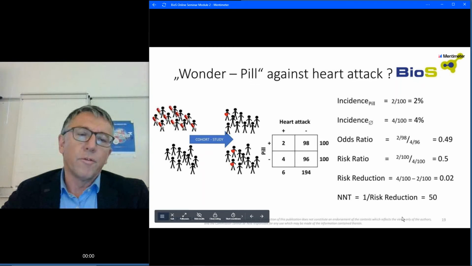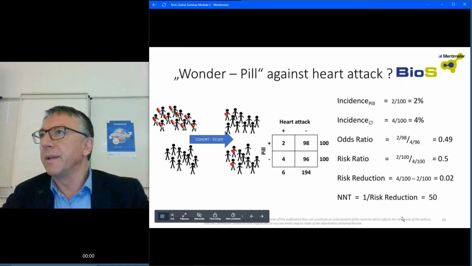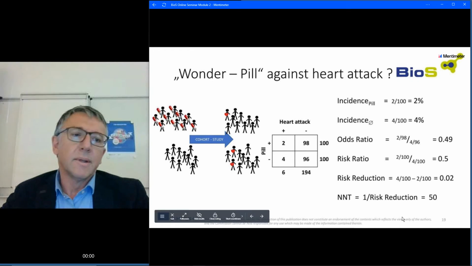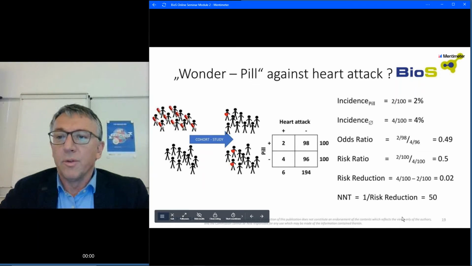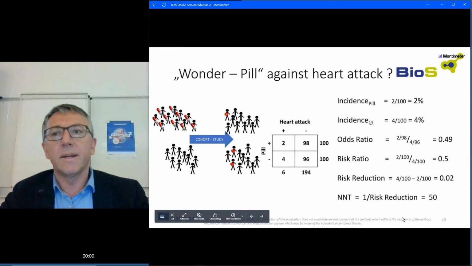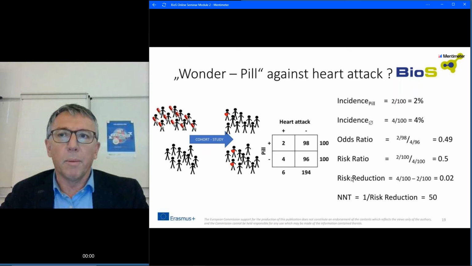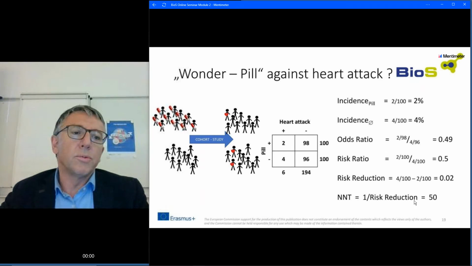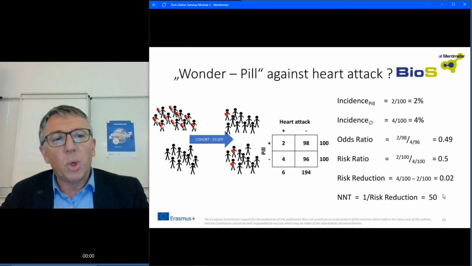On the other hand, 49 people are being treated with a pill, and in those a heart attack would never have been developed. So in order to prevent 1 heart attack in this population here, you need to treat 50 individuals.